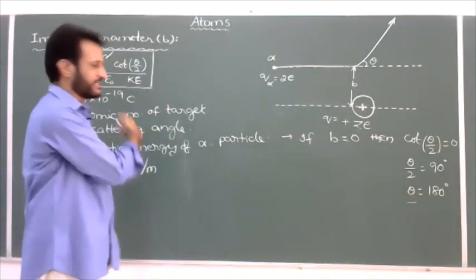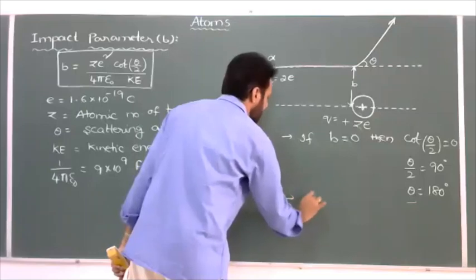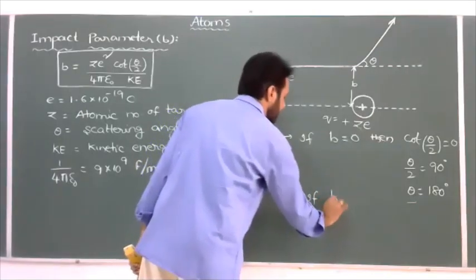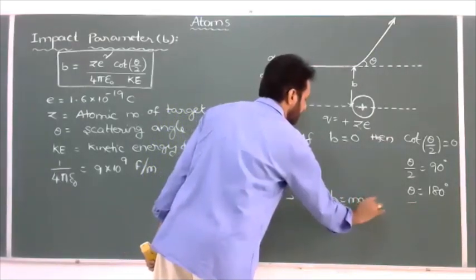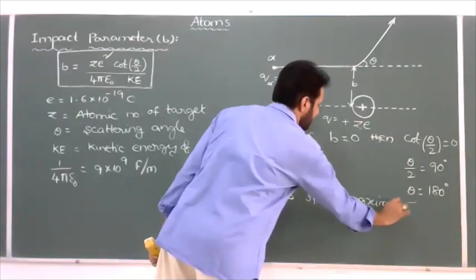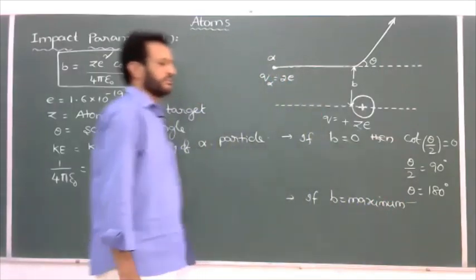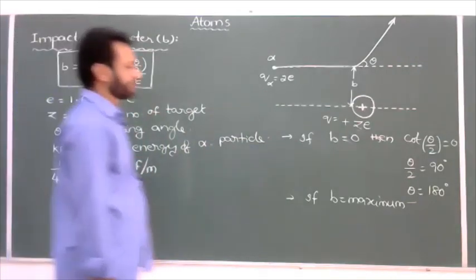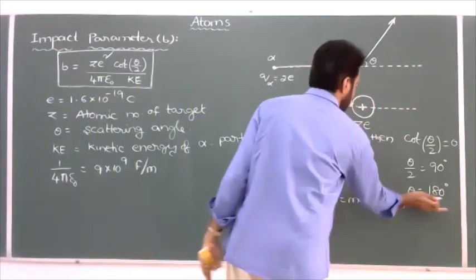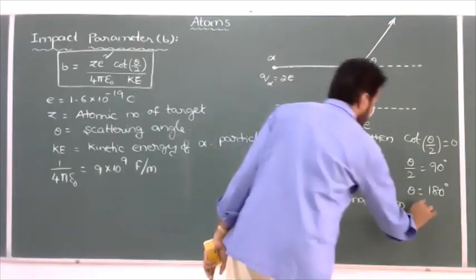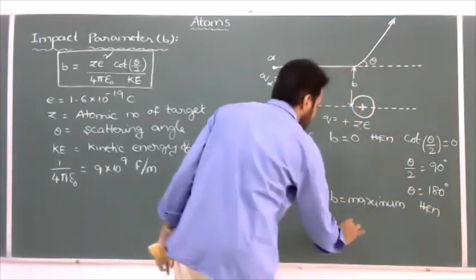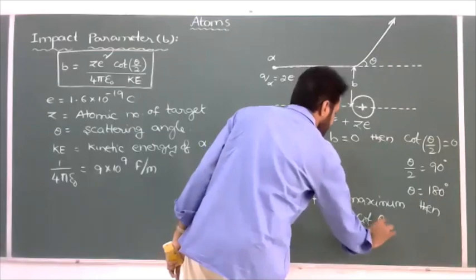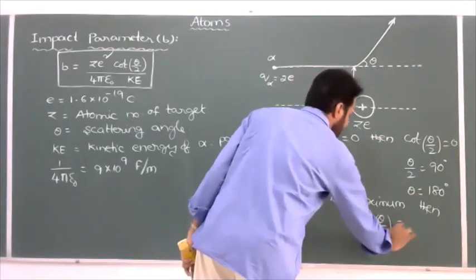So it moves backwards. For example, when B is maximum, I am taking the highest possible value. Whenever B is equal to maximum, then cot theta by 2 is also maximum.